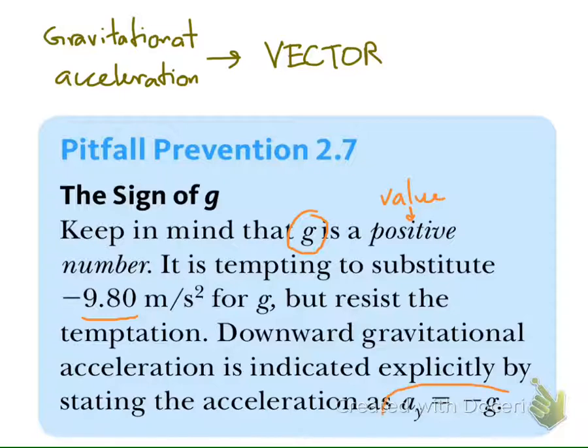If you want to write it as a vector, you have to explicitly show the negative sign. But if you talk about the value of g, it is the positive number 9.8.